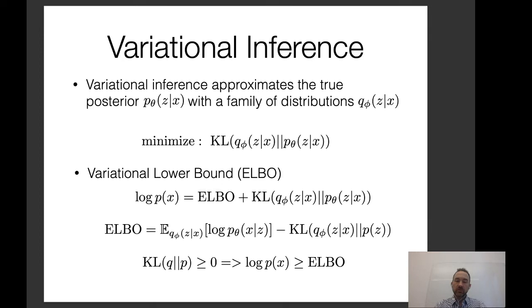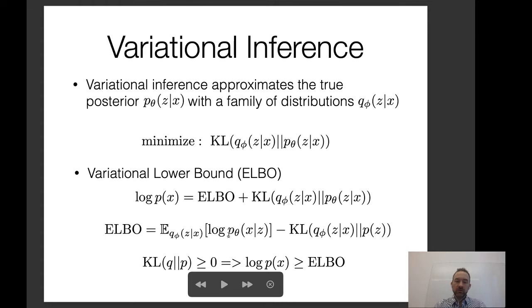And the way we do this is by calculating something called the variational lower bound, also called the ELBO, evidence lower bound. The log probability of x is equal to the evidence lower bound plus the KL divergence term here.